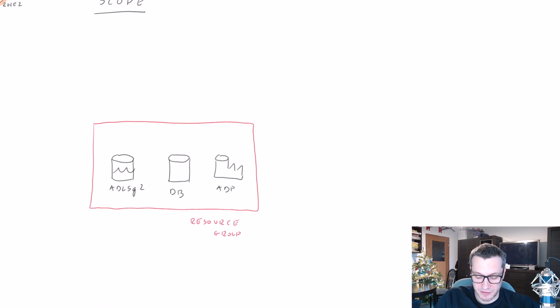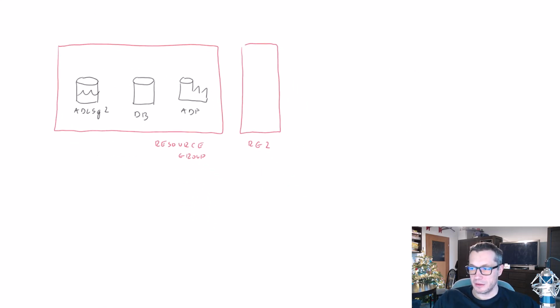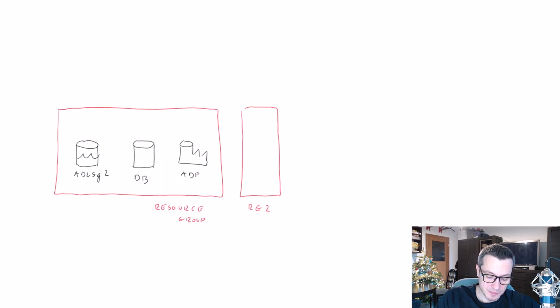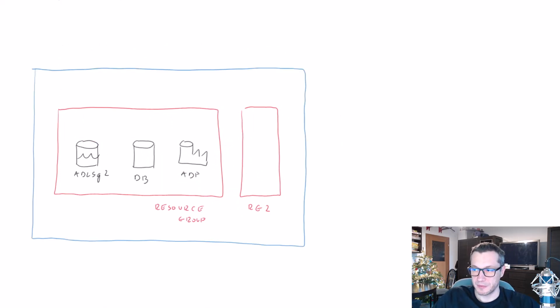And obviously we can have multiple resource groups. They cannot overlap. A single resource cannot span multiple resource groups. But that's how it is designed. Now, those resource groups also have to be a part of some other object that is called simply a subscription. So this blue rectangle is our Azure subscription.